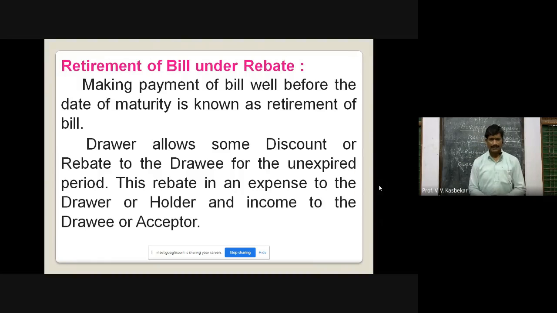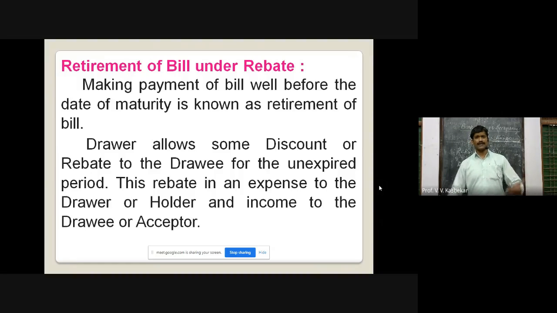Now retirement means to make a payment of that bill before due date, before maturity of that bill, making payment of the bill before maturity of bill. That means drawee pays the amount of the bill to drawer before due date.